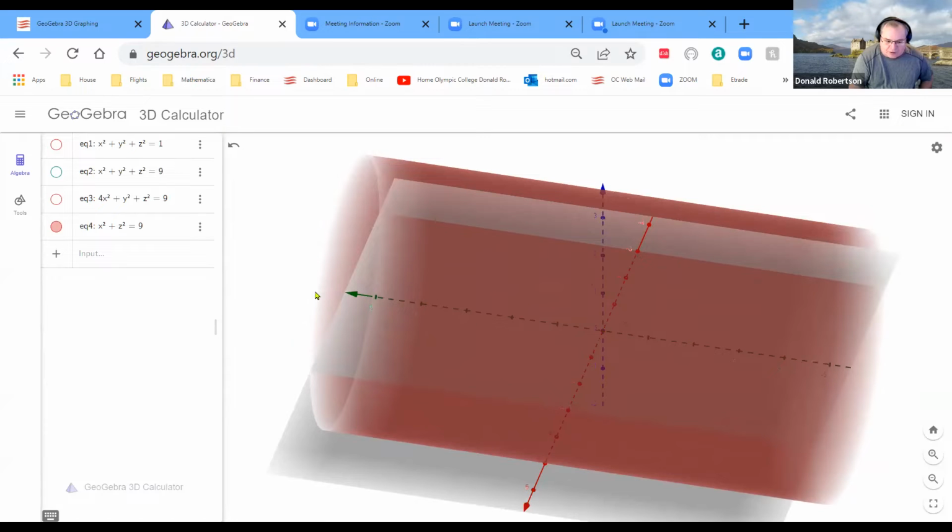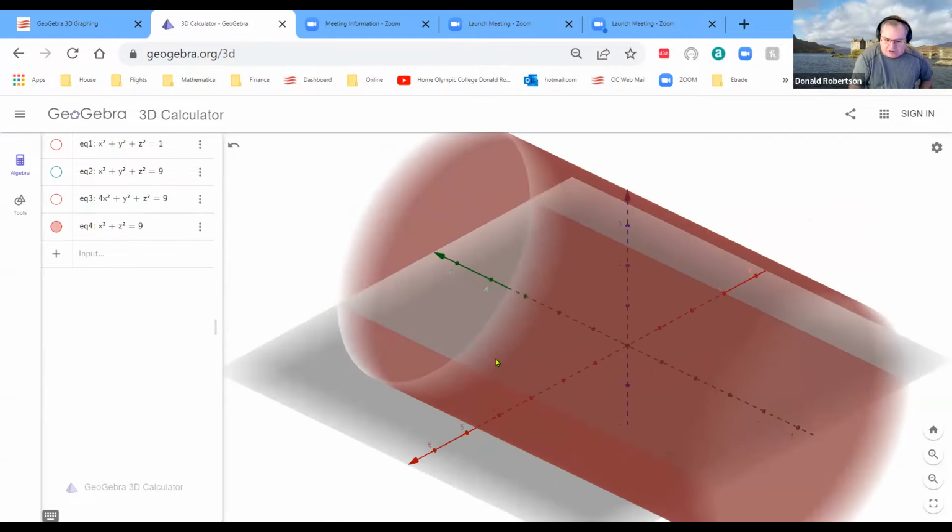Right, this here is the y-axis. So if I turn it a little bit, can you see it? The y-axis. So when you're trying to imagine what a solid looks like, the variable that's missing is the direction that the basic surface is going to be pointing in, right?